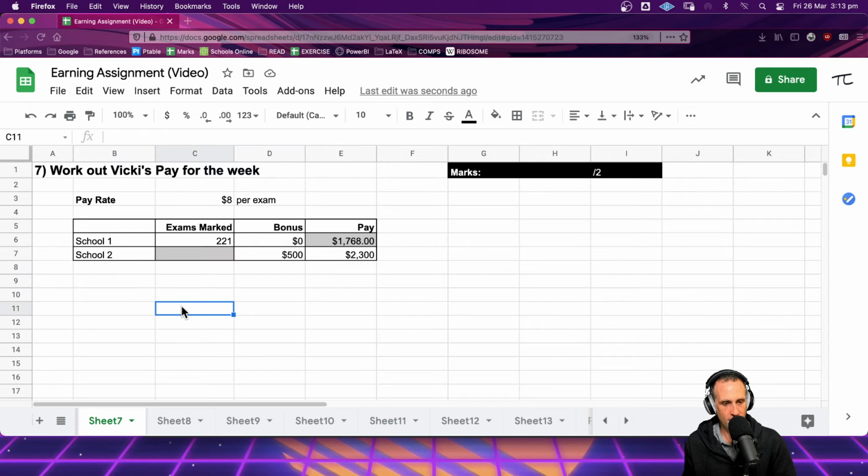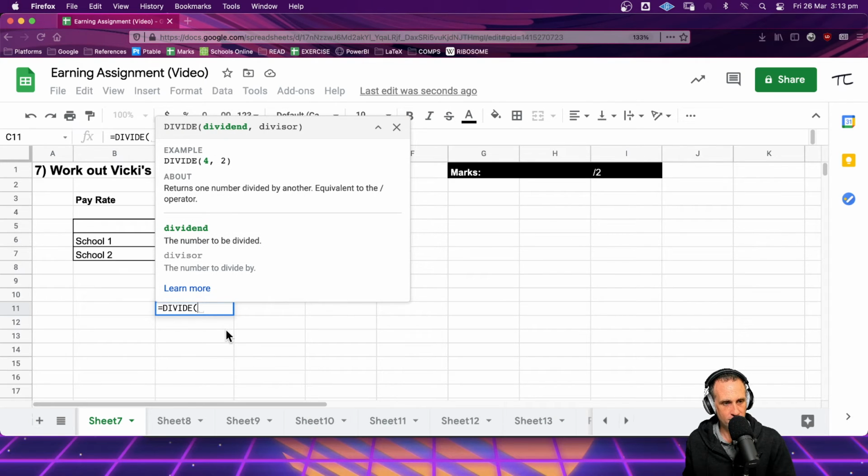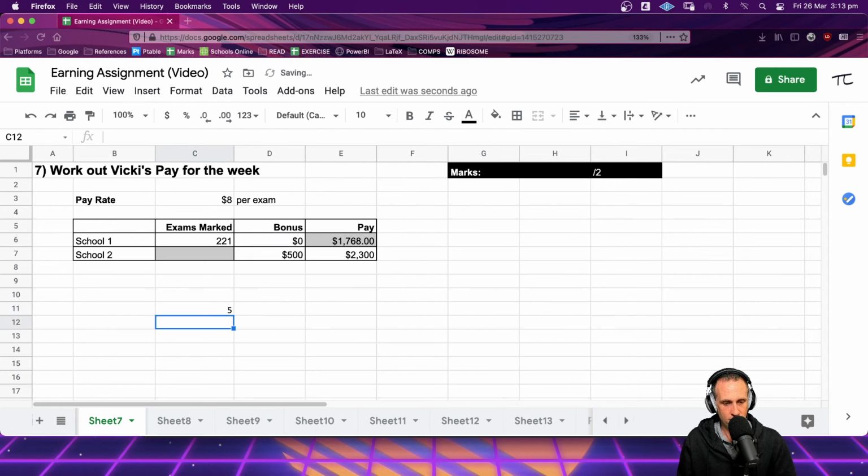So I'm going to show you how you divide in a spreadsheet. Formula, okay, and then I'm going to start writing divide. That's one of these special things that we can use in here. So what's a division that I know? 10 divided by 2, let's say. So if I do 10 divided by 2, it's going to be 5 for the answer.